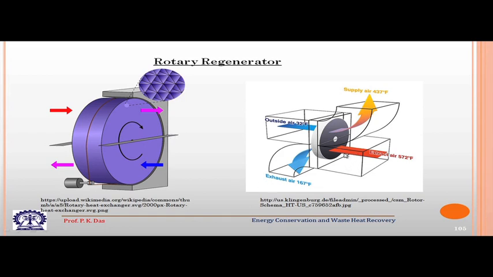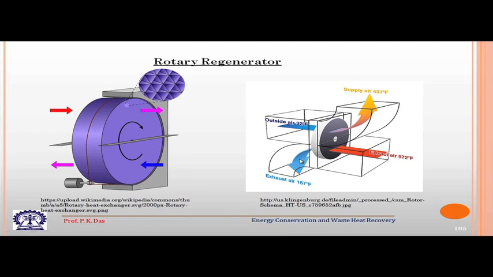So, in the next figure you see there are two ducts, in a counter flow kind of arrangement. The flow is taking place in the opposite direction through these two ducts. So, hot gas is passing through the rotary regenerator or wheel, which is also known as a heat wheel, and when it is coming out, it has already deposited a certain amount of thermal energy.